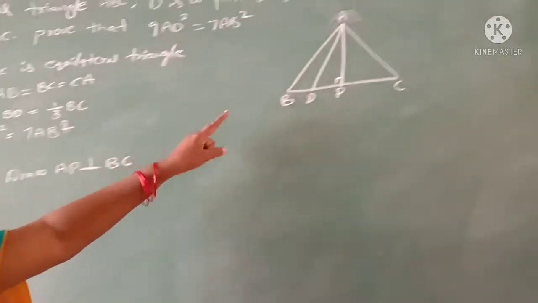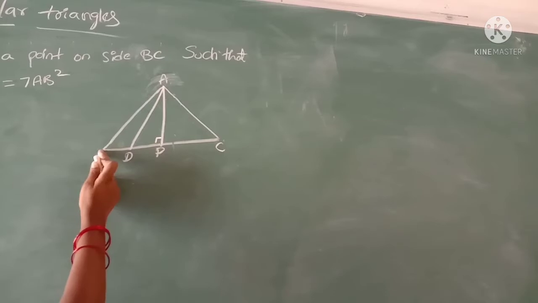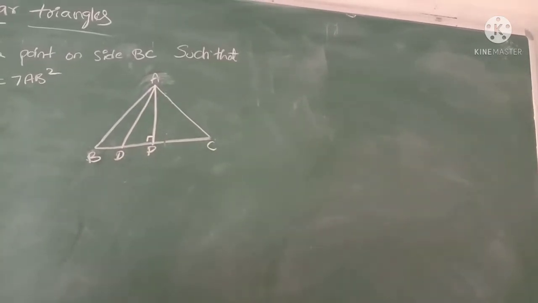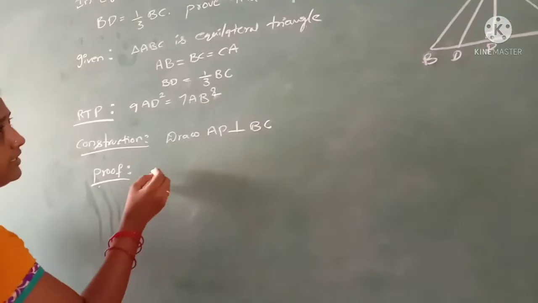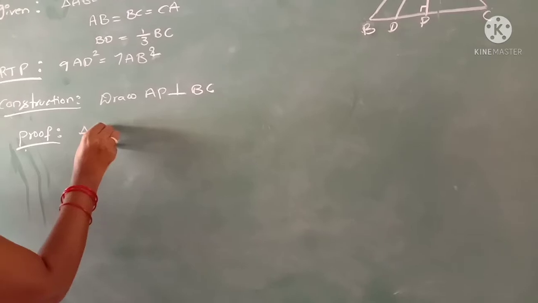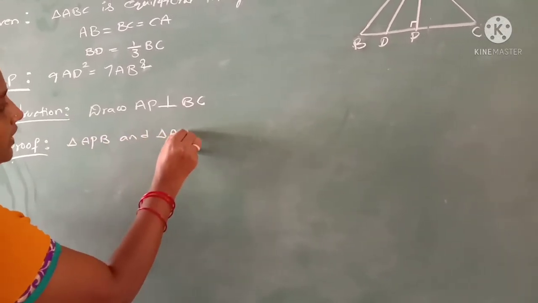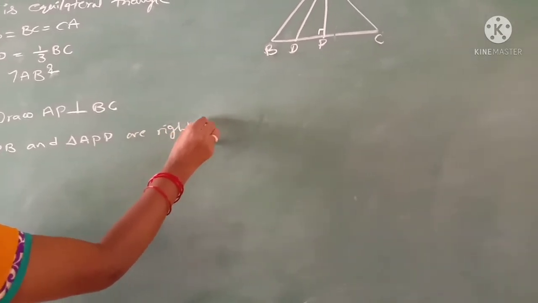So see here in the figure, APB is a right angle triangle and APD is another right angle triangle. So write triangle APB and triangle APD are right triangles.